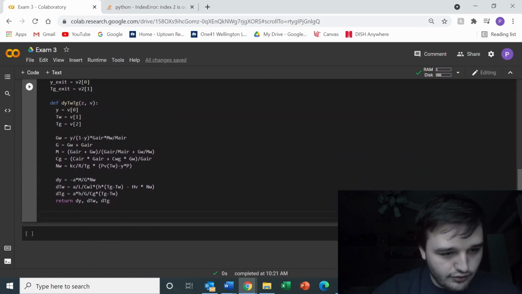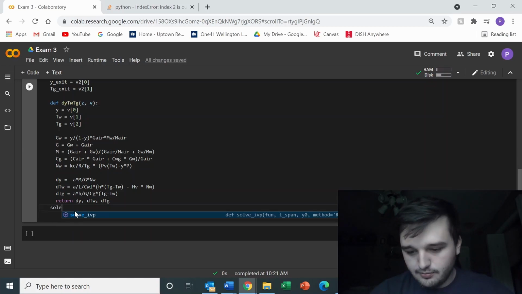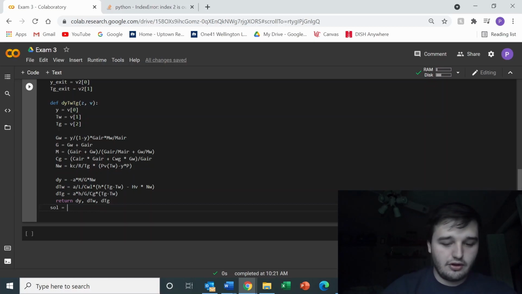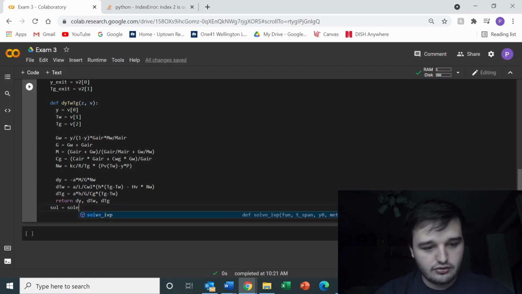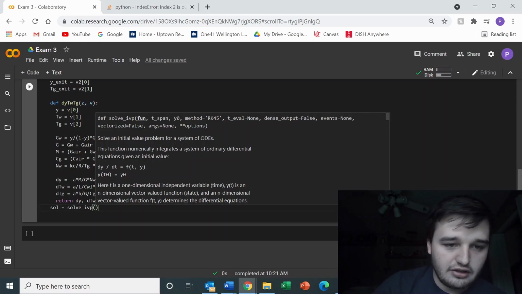So for this equation right here, we want to set that solution variable that we had frozen to none, so that we can now use it. We're going to say sol is equal to solve IVP, and solve IVP as a function, or as a package, needs arguments.